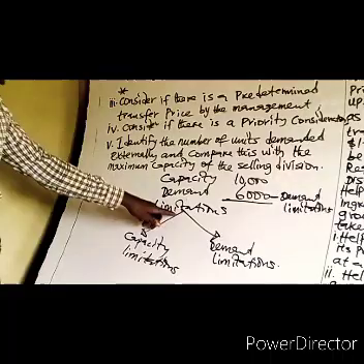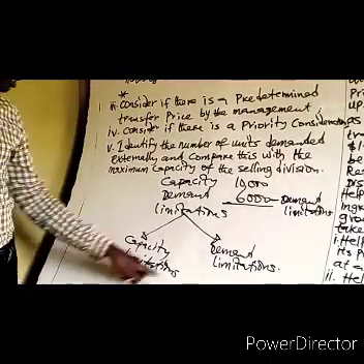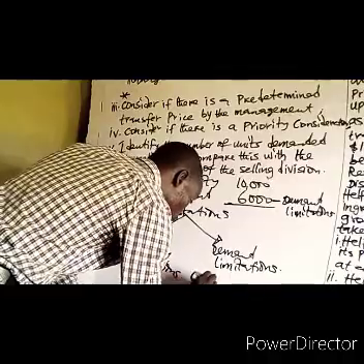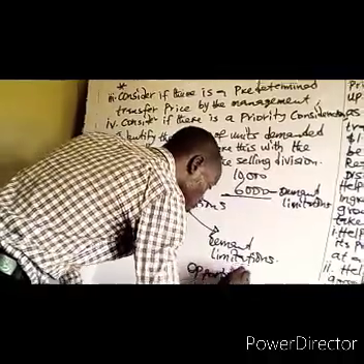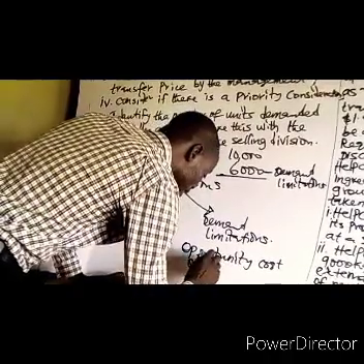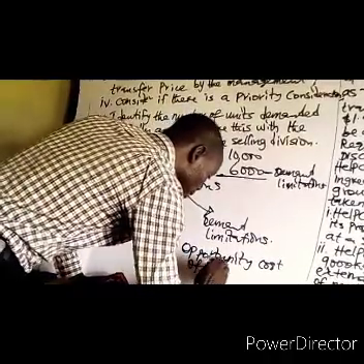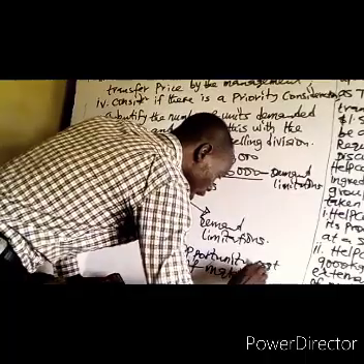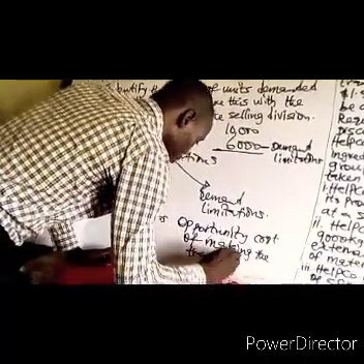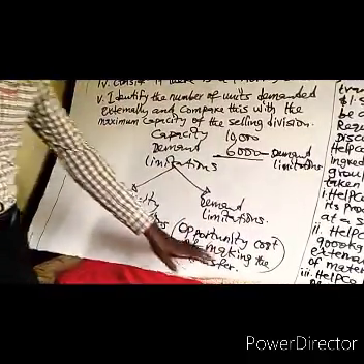Anytime there is limitation, that is either capacity limitation or demand limitation, you make use of the opportunity cost of making the transfer. It is only when there is limitation that the opportunity cost will be applied.